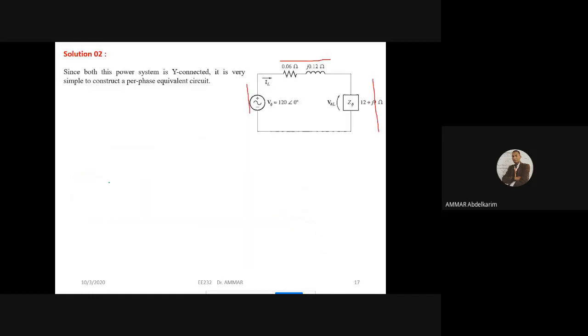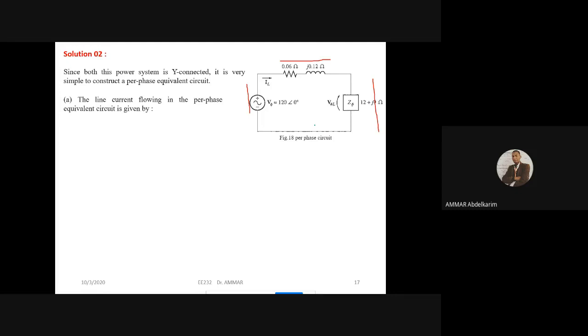Since the source and the load are Y connected, it's very simple to construct the per phase circuit. So we have the source, the transmission line, and the load.